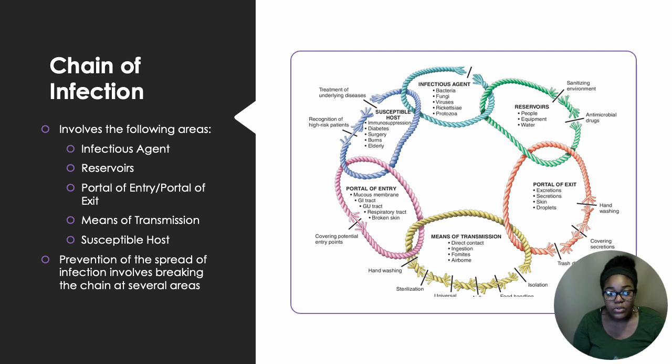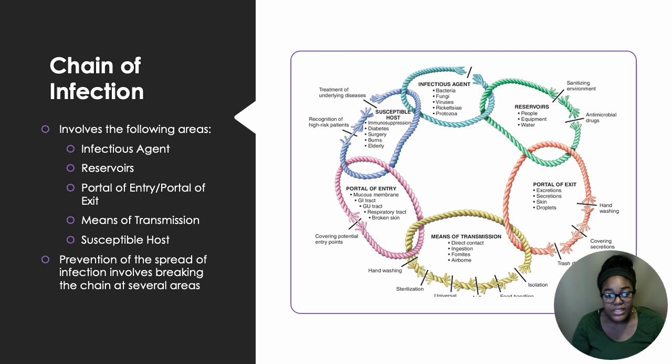So this is where you'll see your precautions come into play. One of the preventions of the spread of infection is by instituting your precautions. So if there is airborne transmission, you want to have airborne precautions in place in order to help protect against that. If there's droplet formation, well, you want to have droplet precautions in place in addition to your universal precautions or your standard precautions.